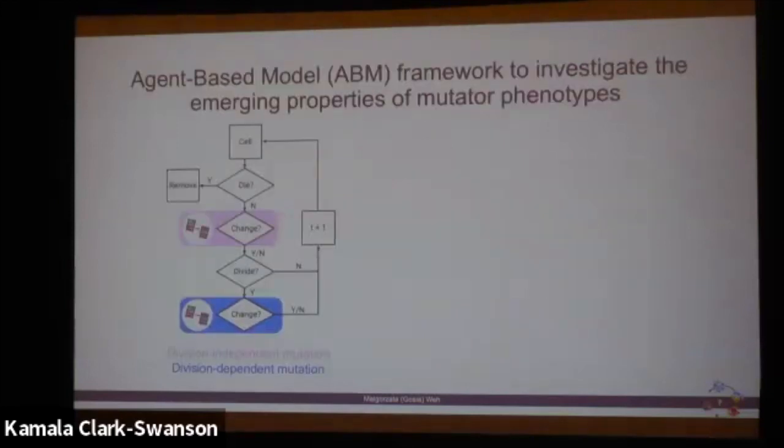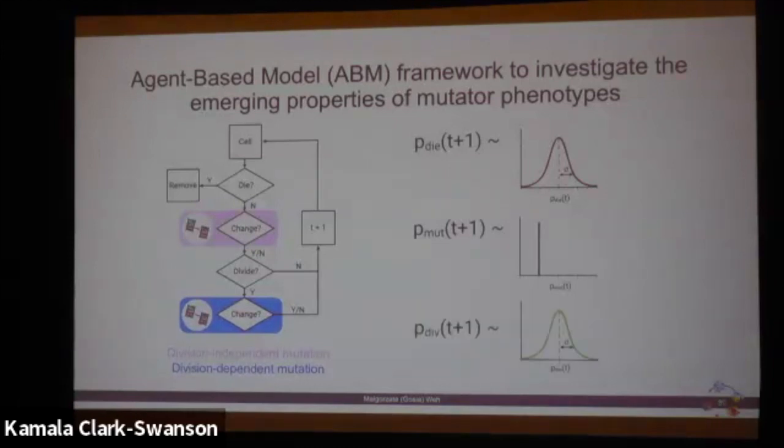So this model is an agent-based model, surprise, surprise. And in this agent-based model, we have a cell that can die with certain probability that is time dependent. More about this later. It can mutate with a frequency that is constant over time. And finally, it can also divide with a time-dependent probability.